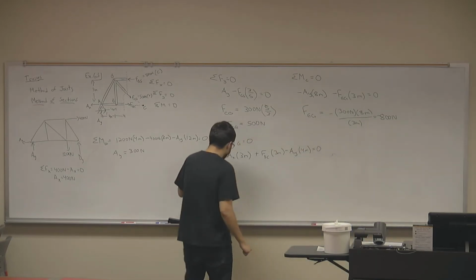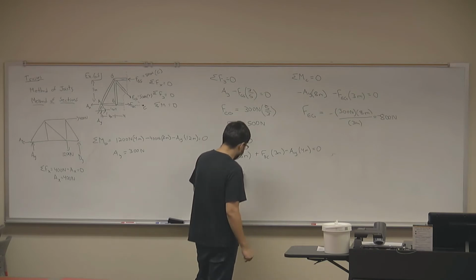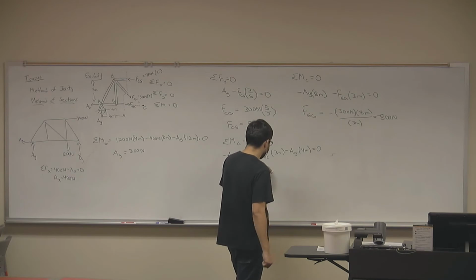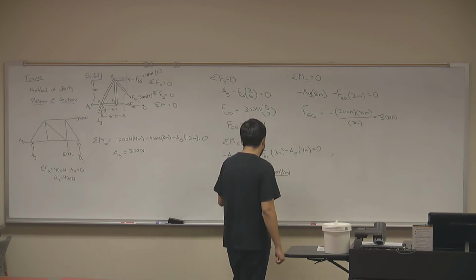This gives me a force BC equal to AX, which is 400 newtons, times 3 meters, plus AY, which is 300 newtons, times 4 meters, and all of this divided by 3 meters.